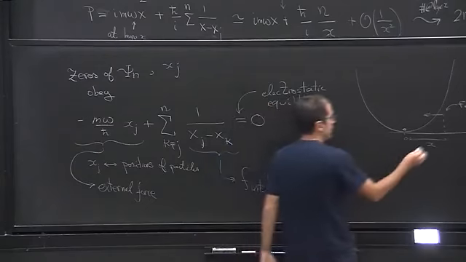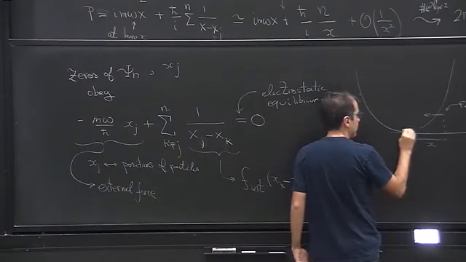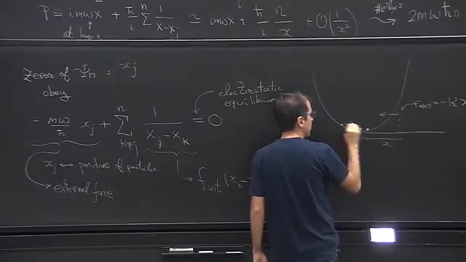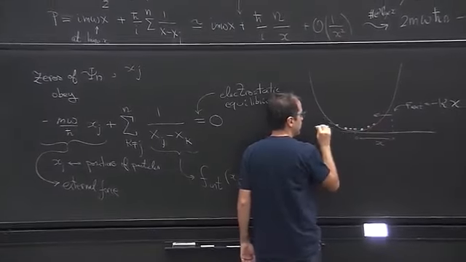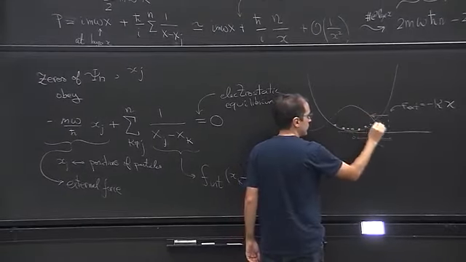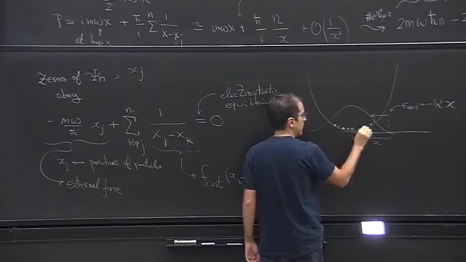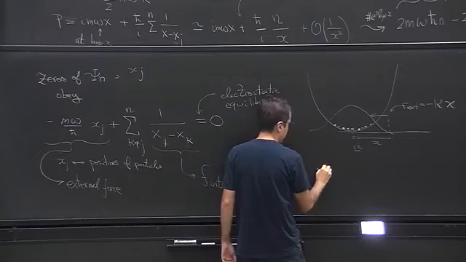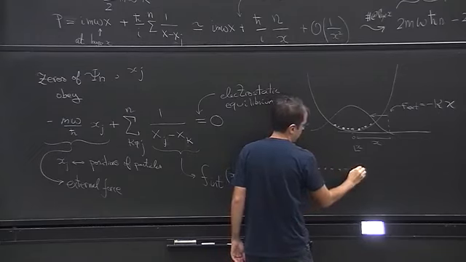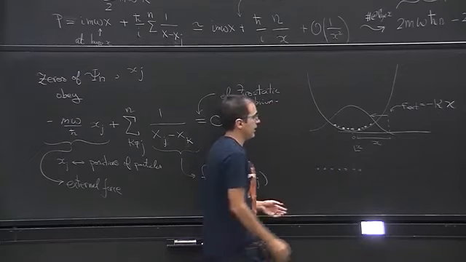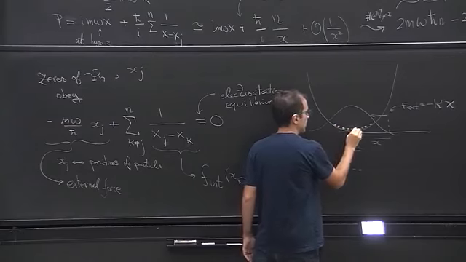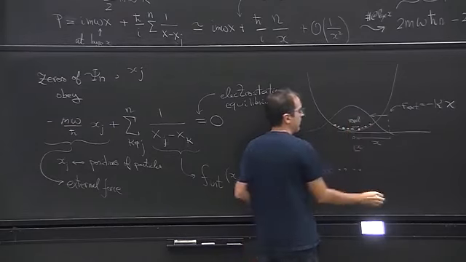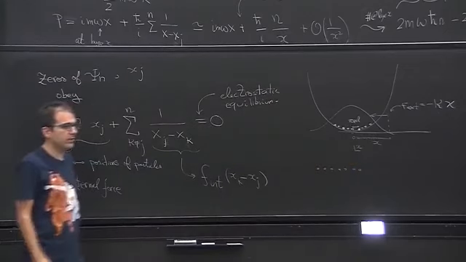So if I put a bunch of particles, they all would like to go to the origin, but they repel each other, so they cannot all go to the origin, and instead they form some distribution of zeros like this. So in the complex plane X, there would be some distribution of zeros that are the positions of these particles that repel each other and that are in this confining x squared potential.